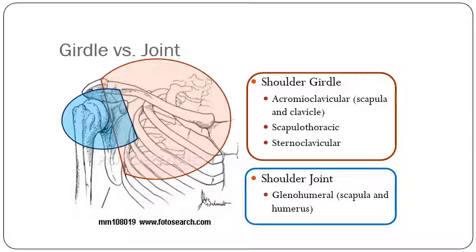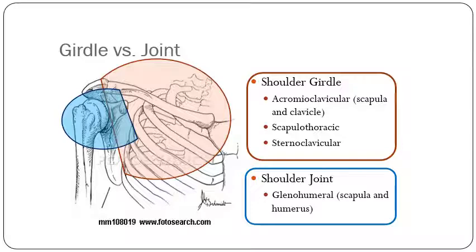So the shoulder girdle, as you can see, is composed of the acromioclavicular joint, which is the articulation between the scapula and the clavicle. You can see the AC joint is right here. Okay, you have the scapulothoracic joint, which is basically the articulation between the scapula and the rib cage, where that kind of moves over.